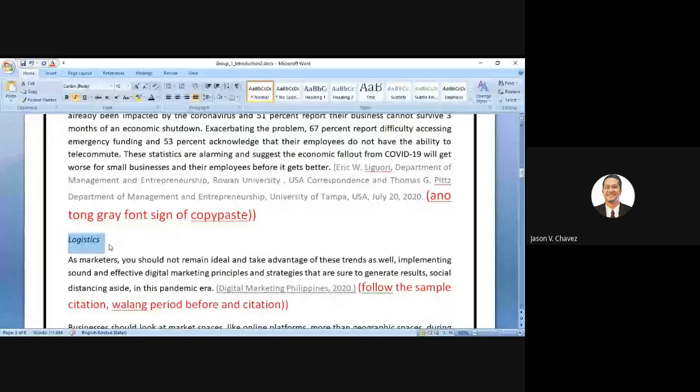So the font is different. Inside the table, the description of the table and the description of the numerical value may be size 10. Going back, this should be 12. It means that this is the topic for the succeeding paragraph, so we put it in so the reader doesn't get lost. That's in the video that I told you, no? So this is just an example, okay? Example only.